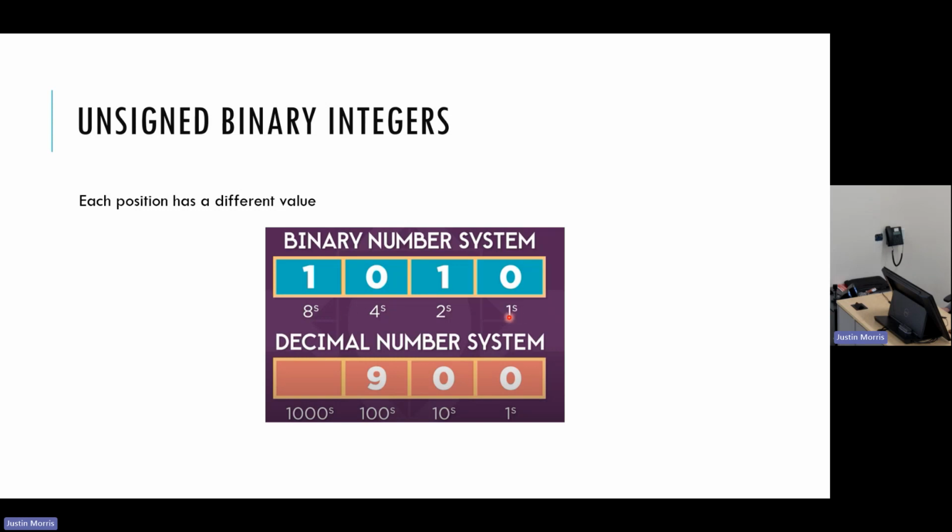So this is 2 to the 0, 2 to the 1, 2 to the 2, 2 to the 3, 2 to the 4 would be over here. Just like we do here, this is 10 to the 0, 10 to the 1, 10 to the 2, 10 to the 3, 10 to the 4. So it's something that you've done for almost your entire life. It's just now we have a different base.